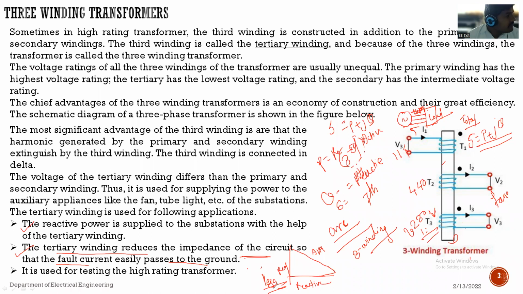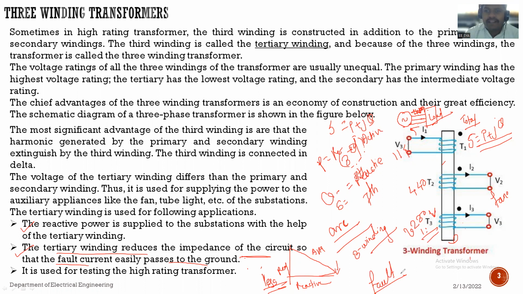Impedance less. What is the relation? Current will be flowing more, no? Low impedance means is the current more or less? That means it is allowed to flow the maximum amount of current, so that if the fault occurs, at the fault condition, we know that due to that fault the maximum current will be flowing, and this current will be directly grounded.